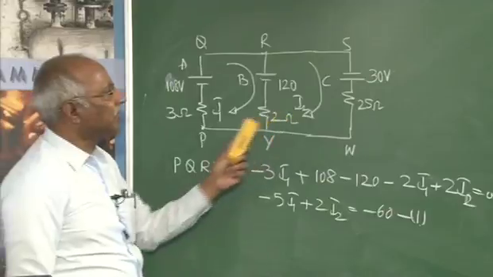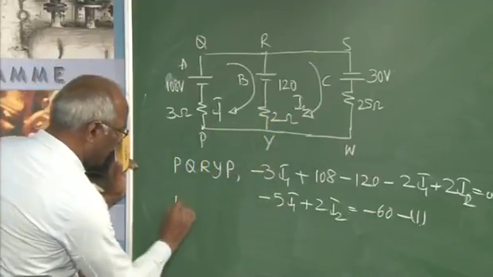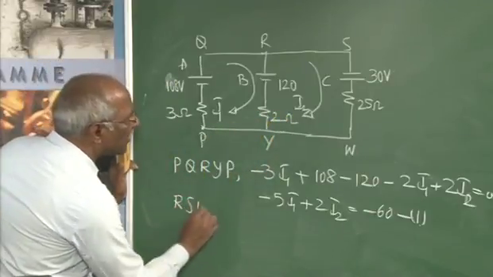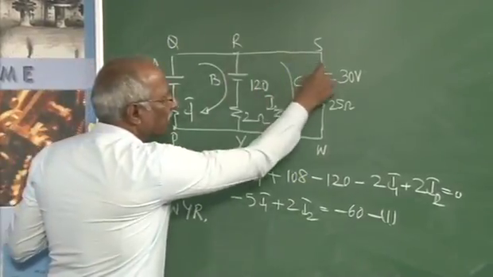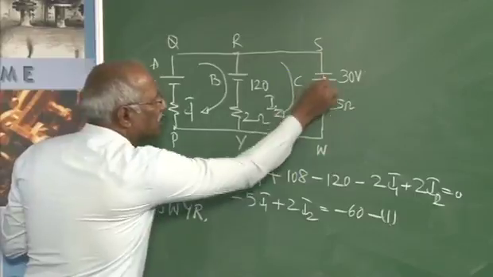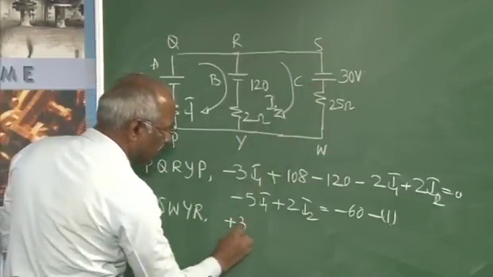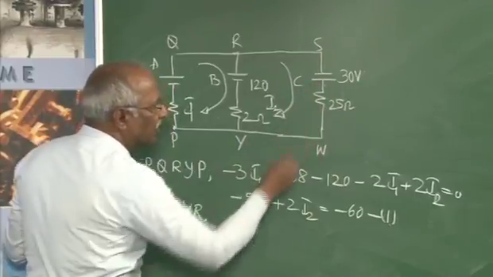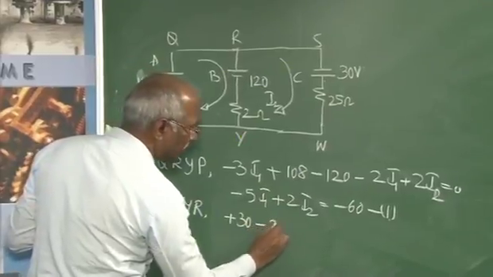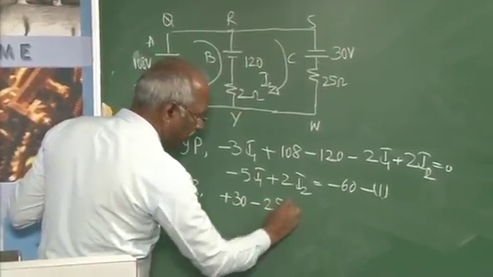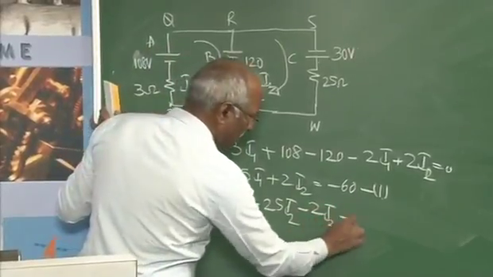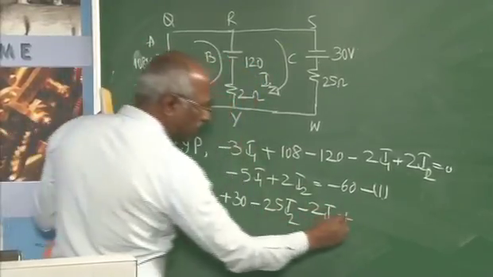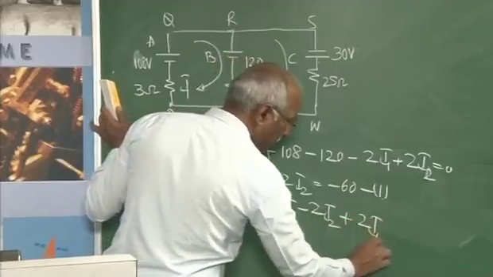Go for this loop, R, S, W, Y, R. In this, there is no drop. As I come this way, minus to plus, it is plus 30. Then as the current flowing through this is I2, therefore it is 25 I2, minus, coming to this, 2 I2, plus, this is in the opposite direction, therefore it is 2 I1.